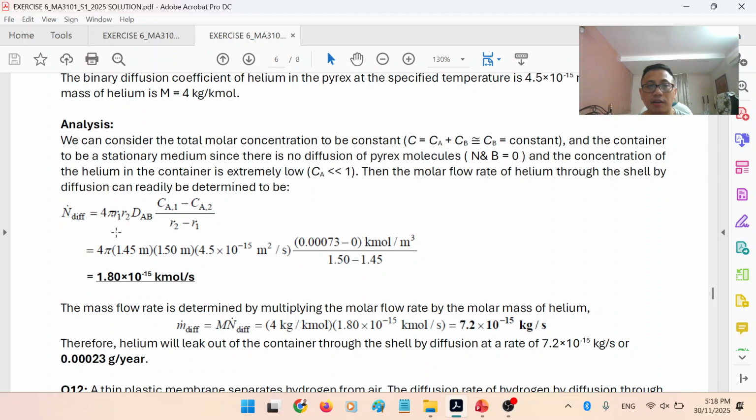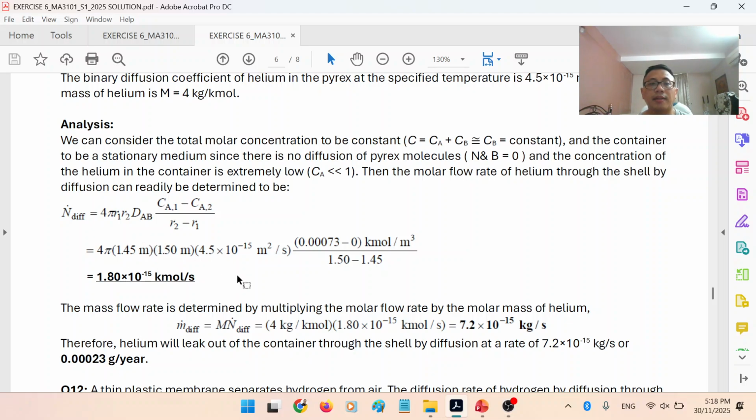Since the surface area is based on R1 and R2, which are the inner radius and outer radius, the thickness is actually 0.05 meter, which is the 5 centimeters.